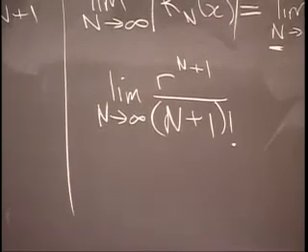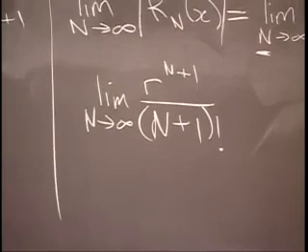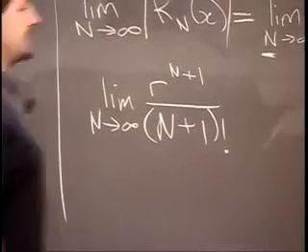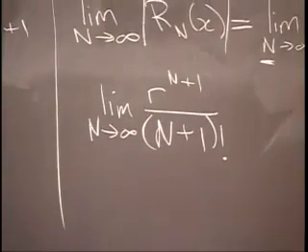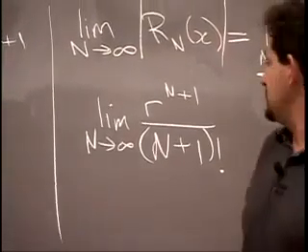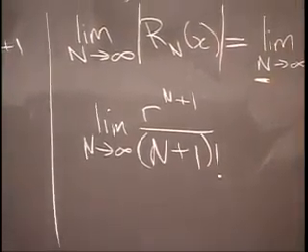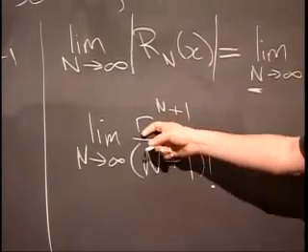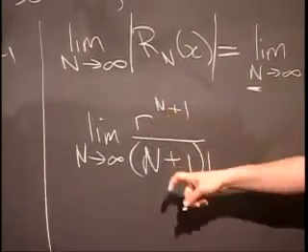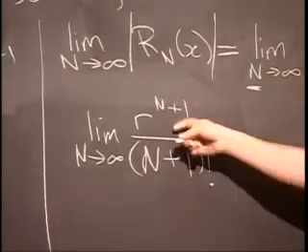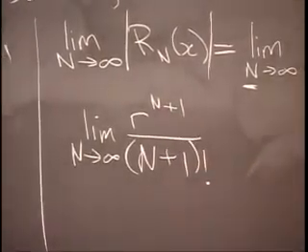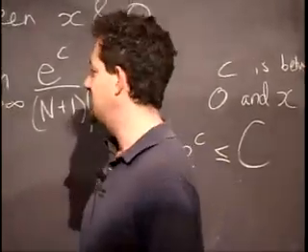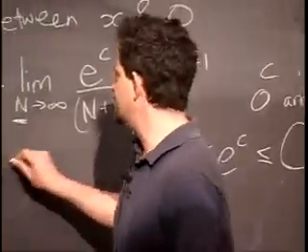Now that's an interesting fact that deserves a proof. I am not going to spend time on the proof. Instead, I encourage you to look at the end of chapter 24 for this proof, to show that the exponentials, although they grow really, really fast, think of this as like 2 to the n, or 2 to the n plus 1, are beaten by factorials, which are really, really fast. Faster than exponentials. They crush them. So that limit is 0.